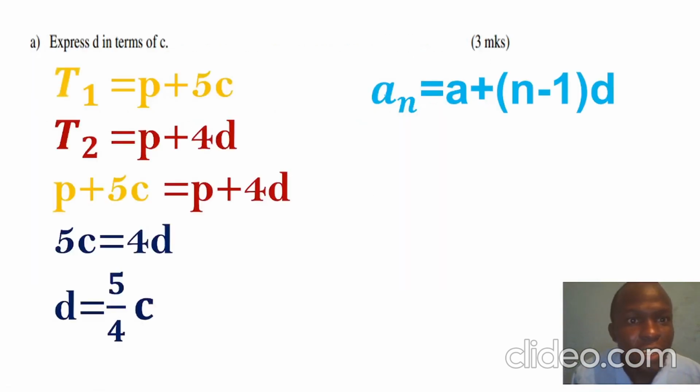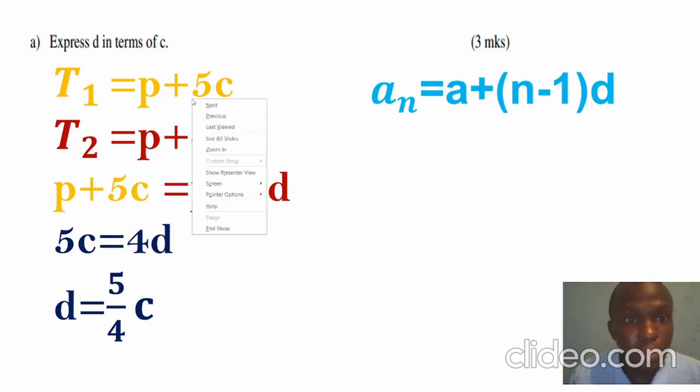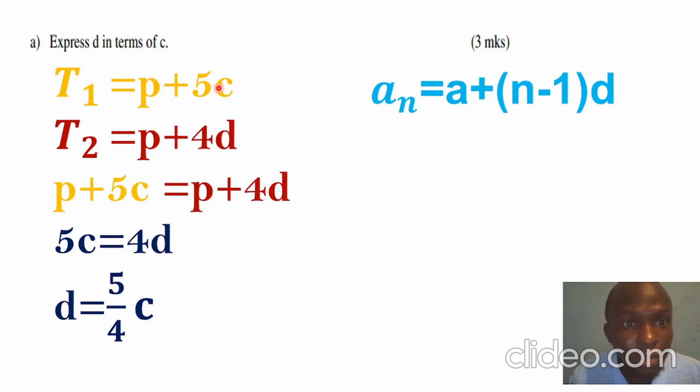So T1, which is the equation for the first arithmetic progression, is P plus 5C, like we have seen before. The second one, T2, which is the second arithmetic progression, has the equation P plus 4D.